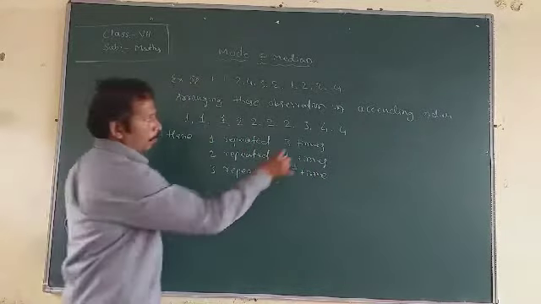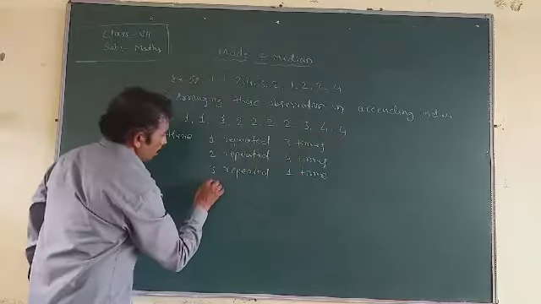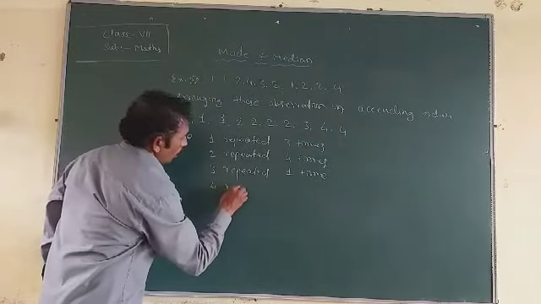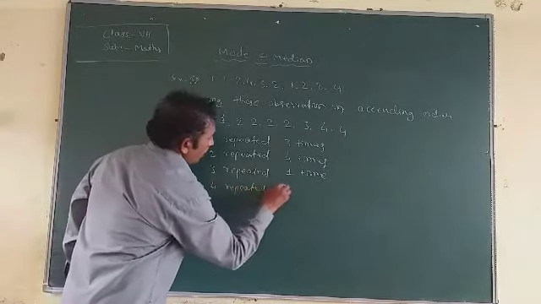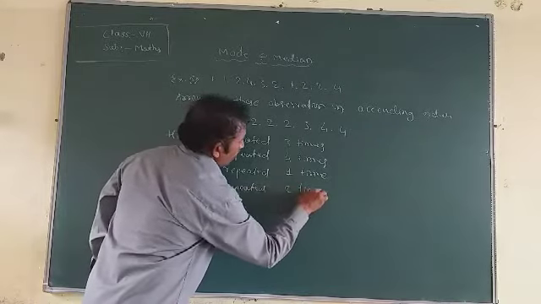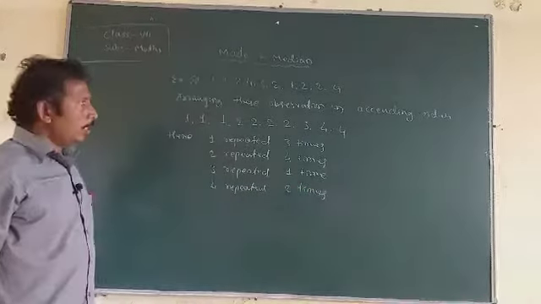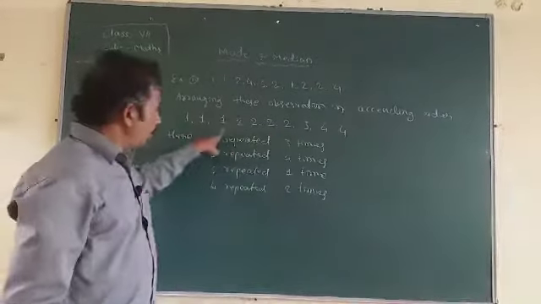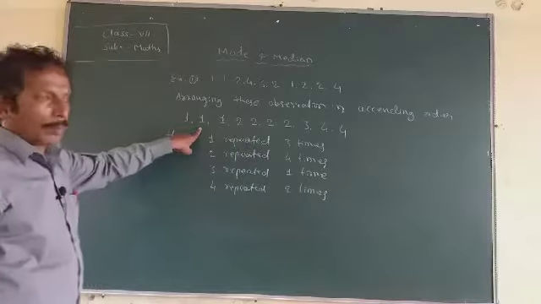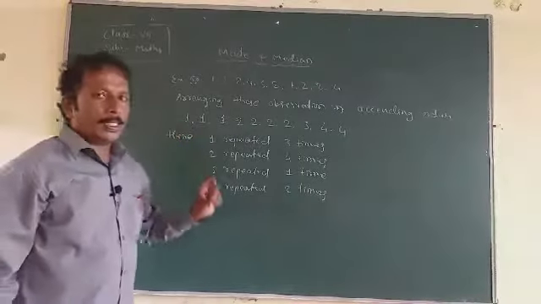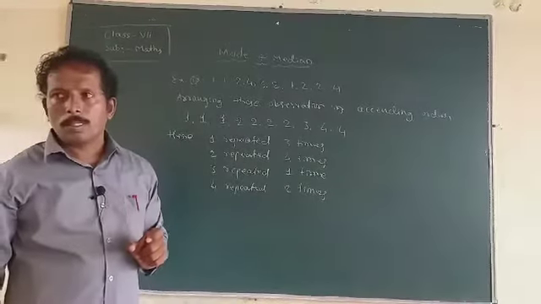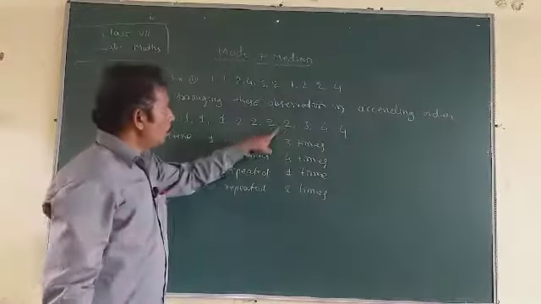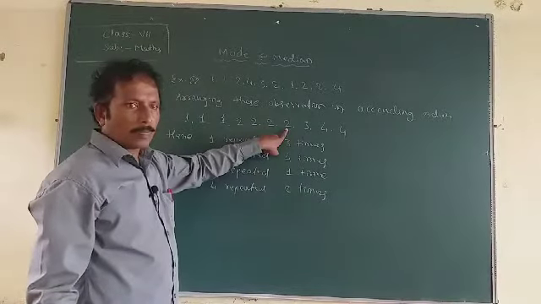And 4 is repeated twice. So here, by observing these observations, which number is repeated more times? Yes, very good. 2 is repeated more times.